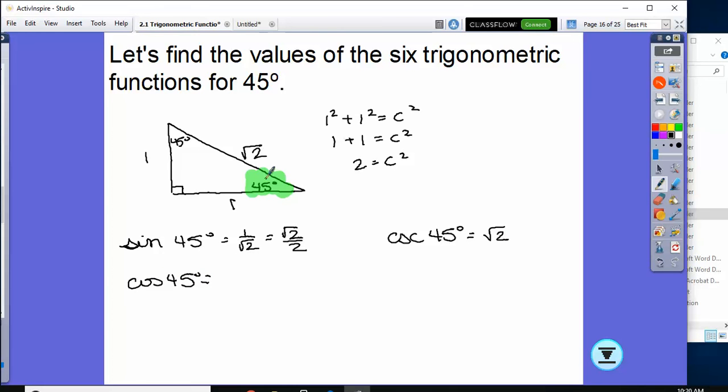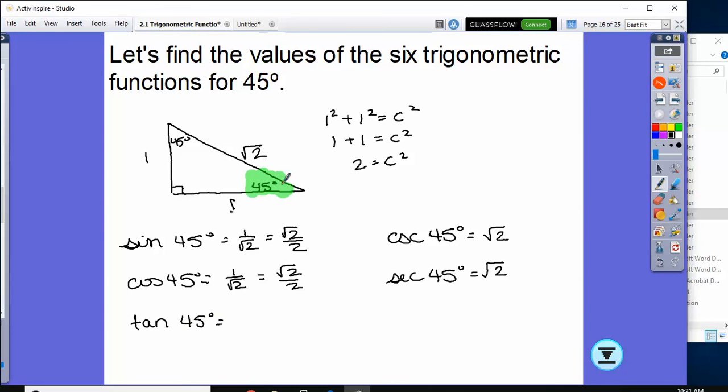Cosine of 45. So from this 45, cosine is adjacent over hypotenuse. So 1 over radical 2 again, which gives us radical 2 over 2. That means its reciprocal, secant, would be radical 2.